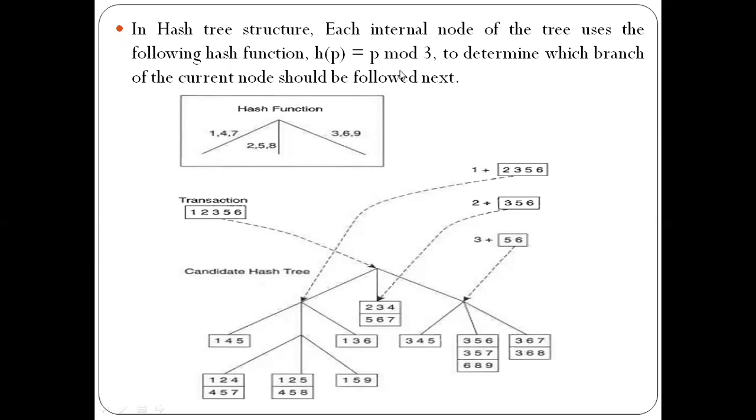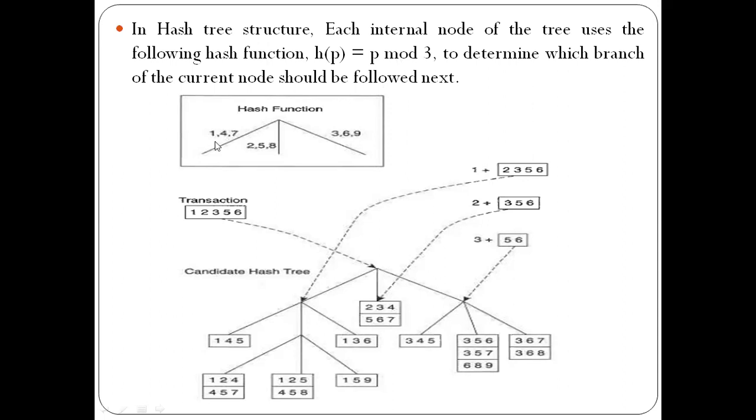We know how mod is going to work. Mod is going to return the remainder. So in order to place the items in the left, middle and right subtree of this hash tree, we have used p mod 3.